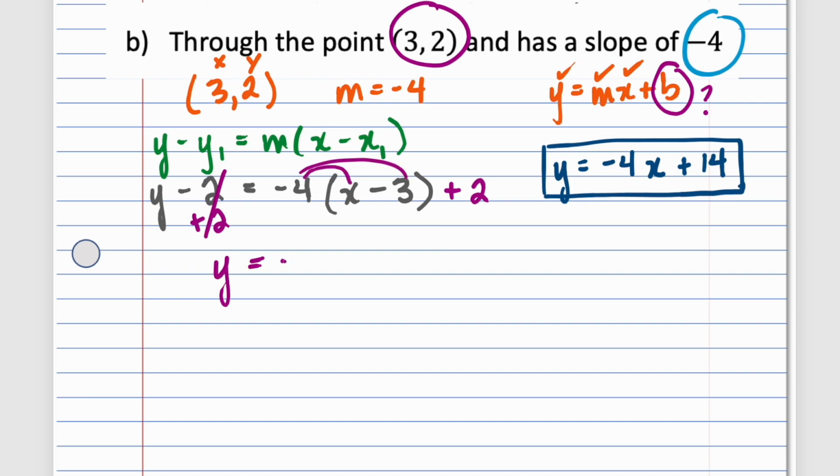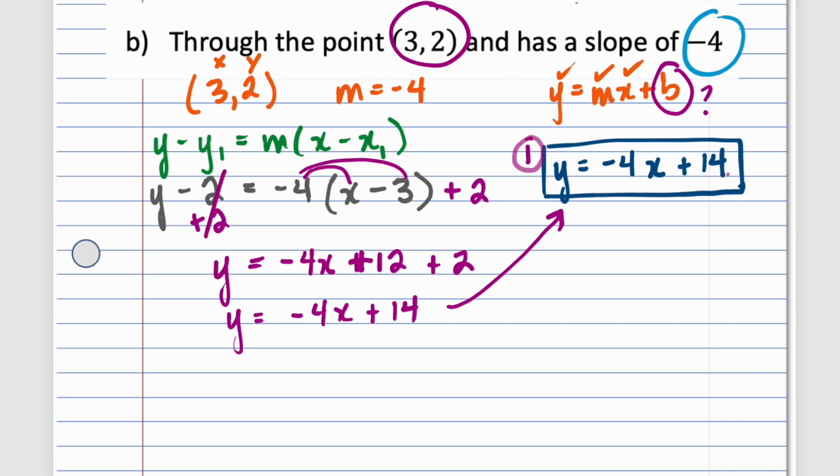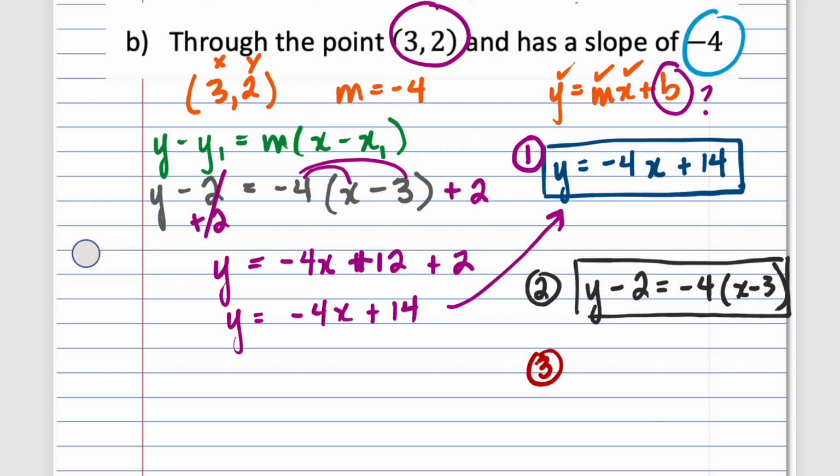We'll distribute and get -4x plus a 12, and don't forget that's a plus 2. y is equal to -4x plus 14, and we get the same equation. So far we have the slope-intercept form, we have the point-slope form. Let's find the general form and the standard form.